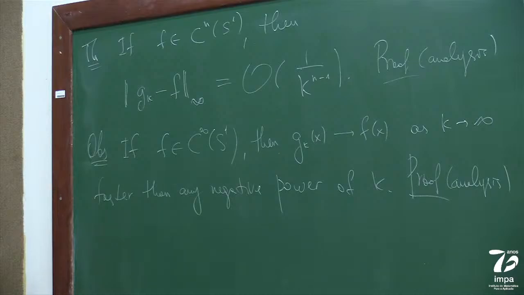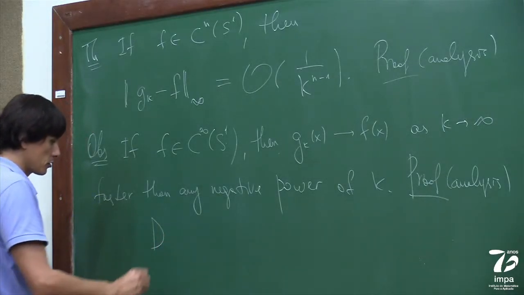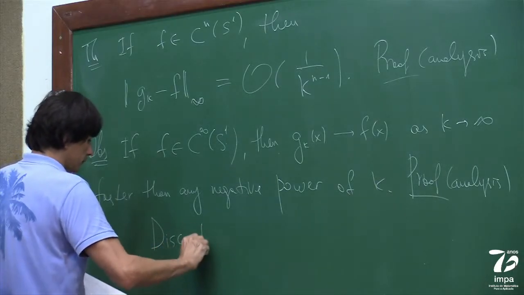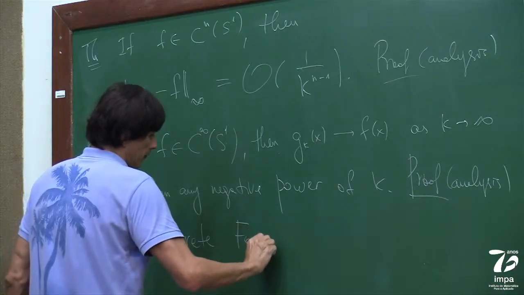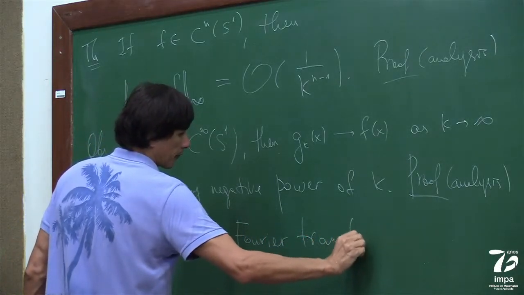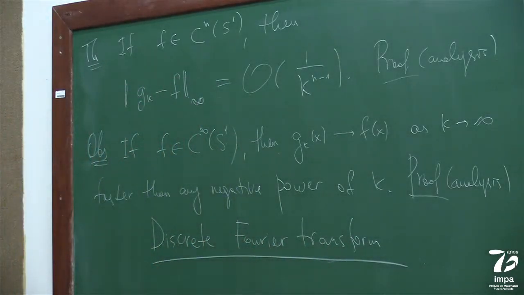If you want to compute anything, this gives you the definition of the discrete Fourier transform. So the discrete Fourier transform is what will be new compared to functional analysis courses.